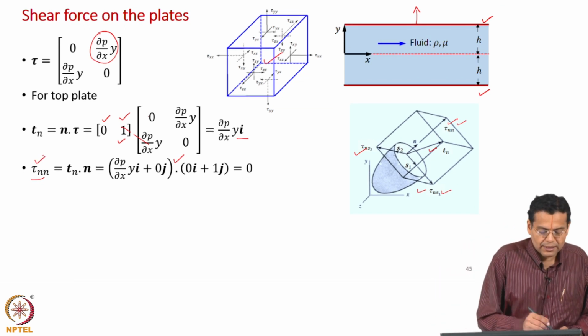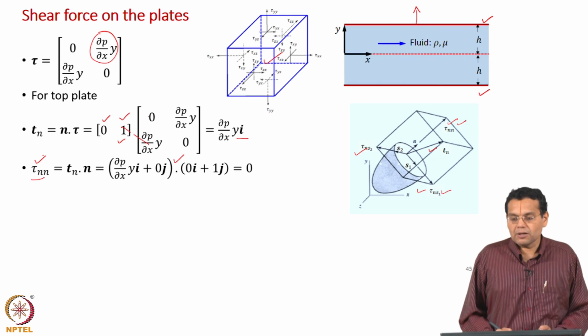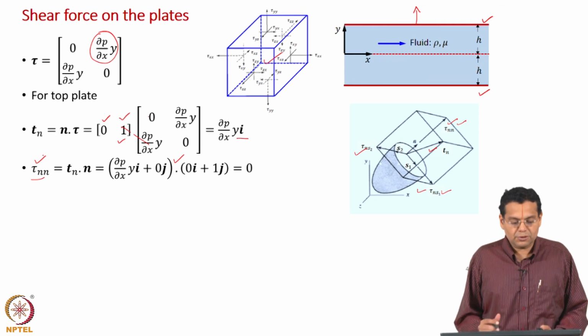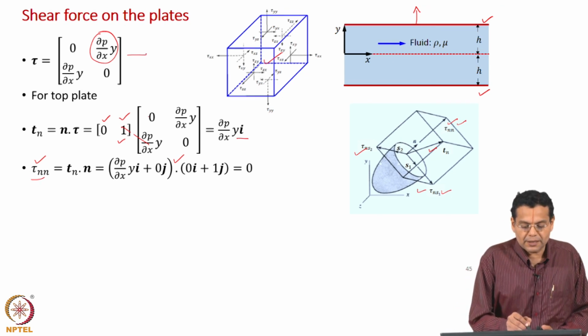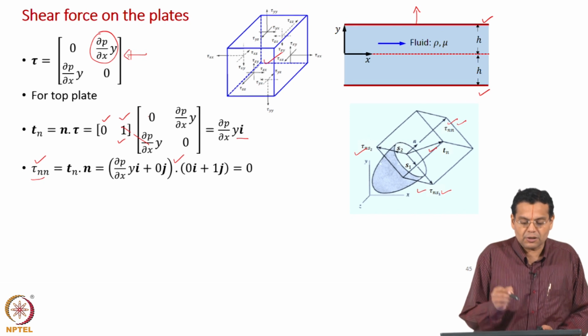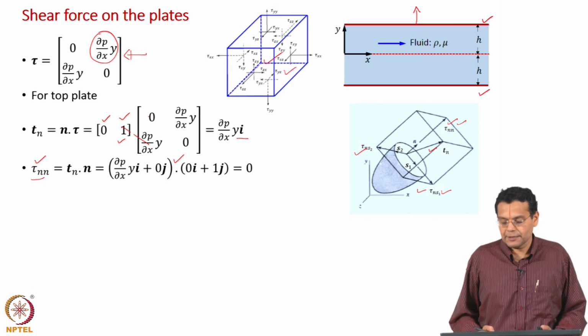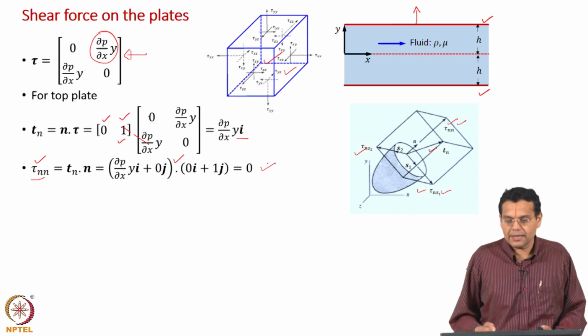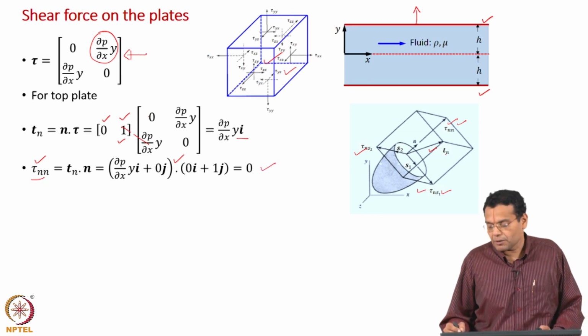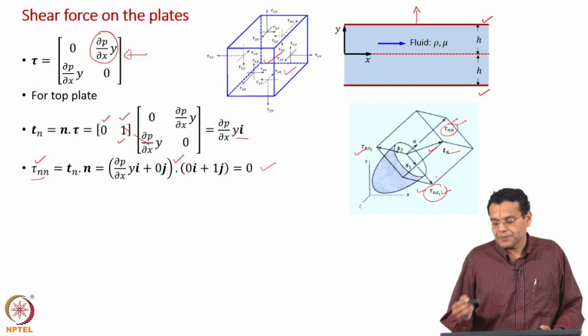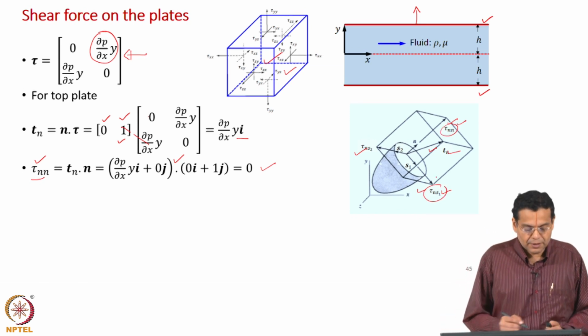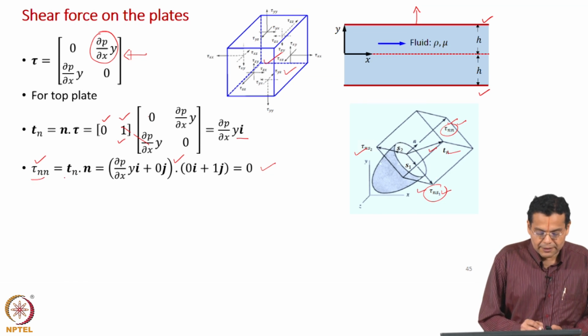So tau nn represents the normal component of the stress vector. Just to repeat, when I say component with respect to the stress tensor, we should recall this stress element. When we say component here, we mean the component of the stress vector, the normal component and the shear stress component. So let us do a dot product.